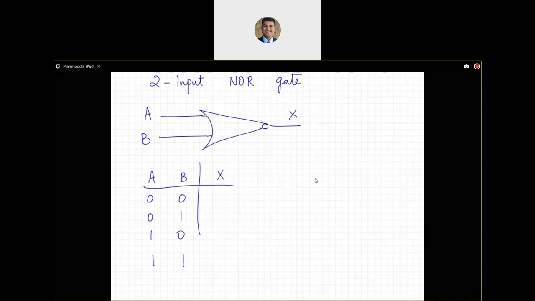If I had OR between them, my output would be 0, 1, 1, 1. And because I have NOR, I would have 1, 0, 0, 0 instead. This is my NOR truth table.